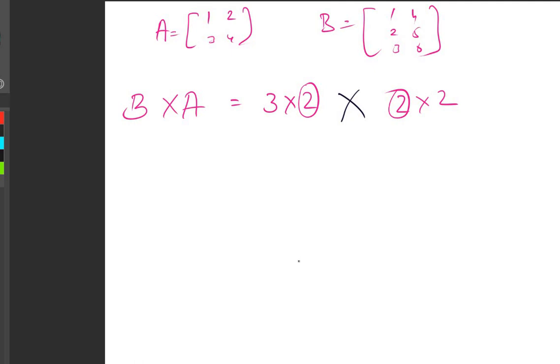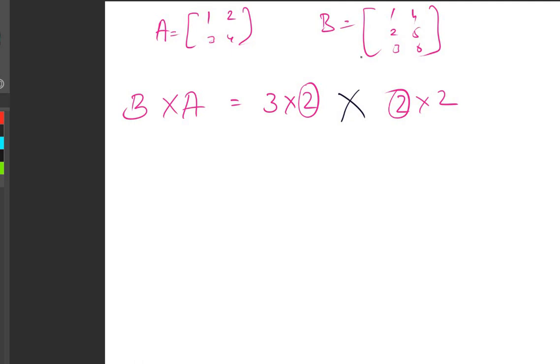When I multiply both of them together, obviously I'll get a matrix back, because you're multiplying two matrices. But it is very important to understand what the order of the resultant matrix will be. These two matrices have completely different orders, 2 cross 2 and 3 cross 2.